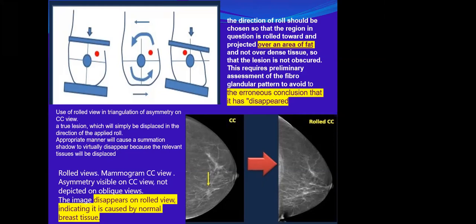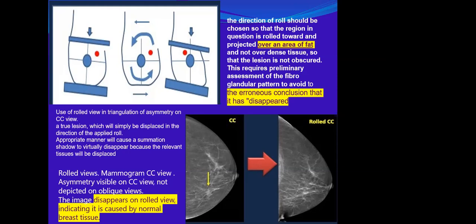Okay, so if the lesion is in the upper or superior part of the breast, it will roll with the rolling. If we roll laterally, it will go laterally. If we roll medially, it will go medially. If the lesion is in the inferior part, it will go to the opposite side. If we roll the superior breast medially, the lesion will go laterally.